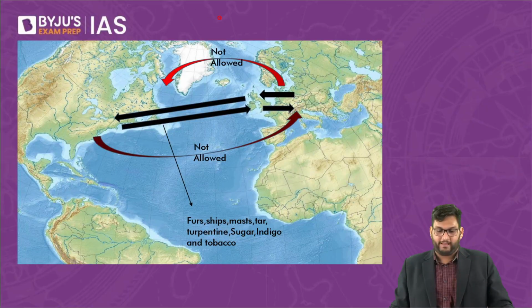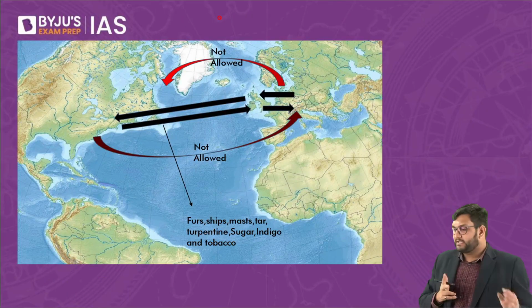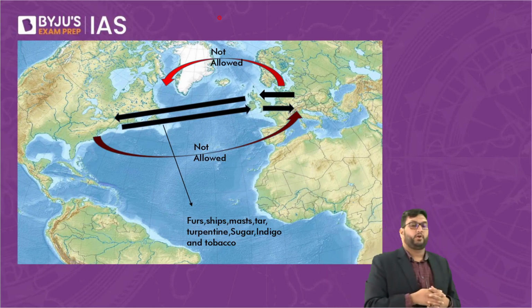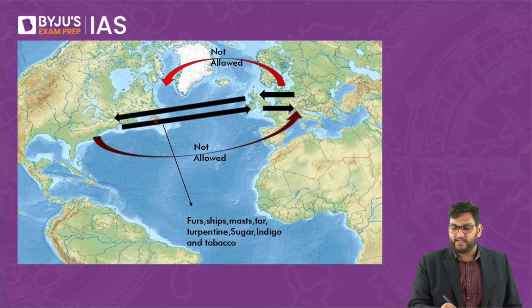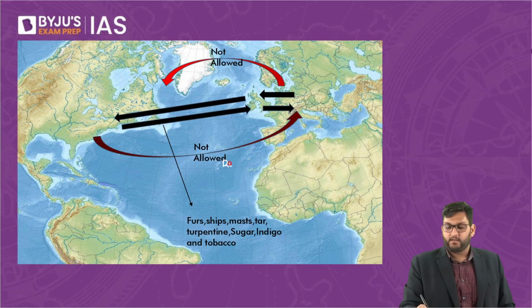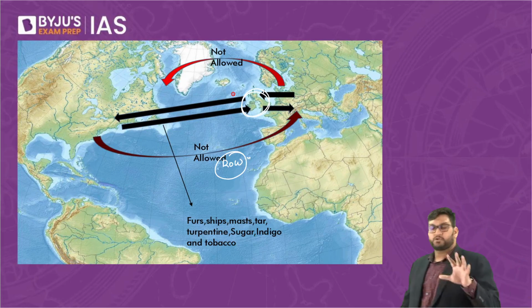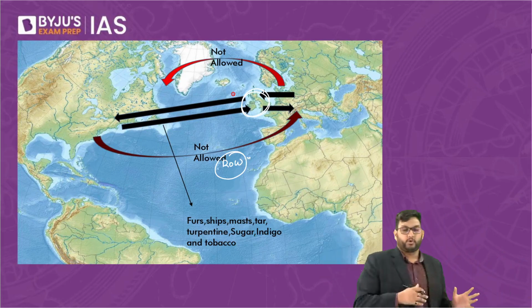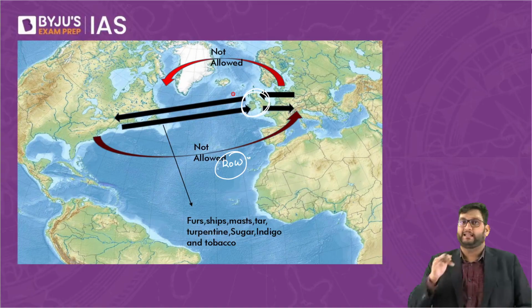I'll show you the map also. There were two clauses in the Navigation Act. The clause was that you cannot trade with the rest of the world on your own. You have to go via England. This was the most important two acts, that you have to import or export via England.